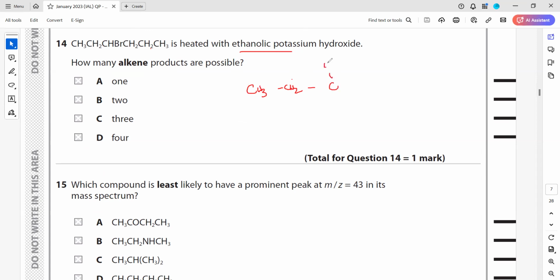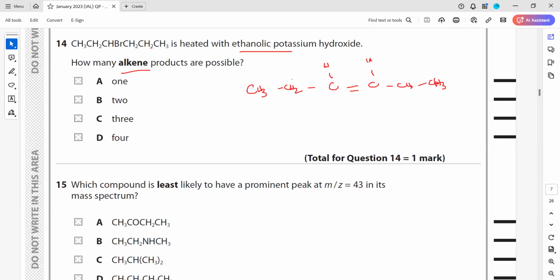So this will be CH double bond CH, then CH2, and then CH3. This is a product which is formed. How many alkene products are possible here? So how can we identify how many alkene products are possible?